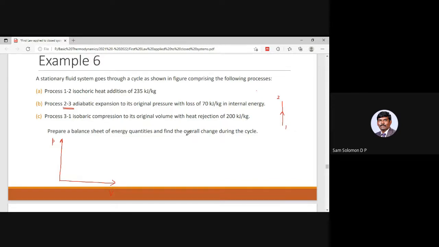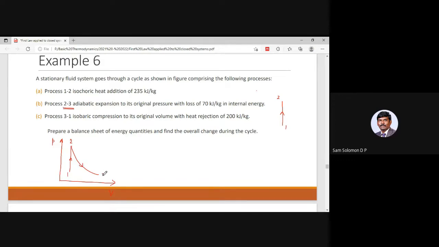Okay, I'll draw it here itself. During the expansion process, we know that the pressure will reduce, and the volume will increase. So the expansion will happen like this. So it is supposed to be a curve.